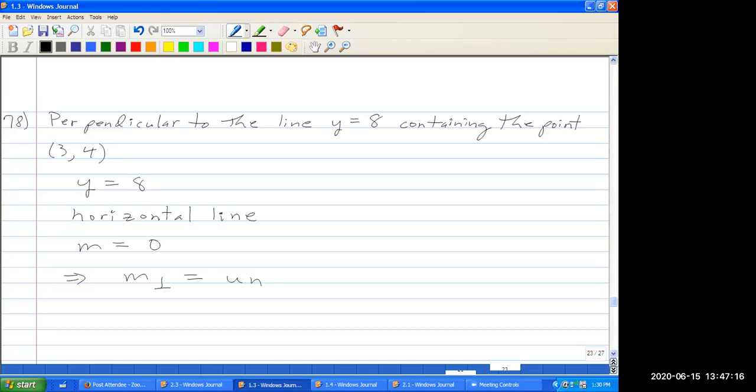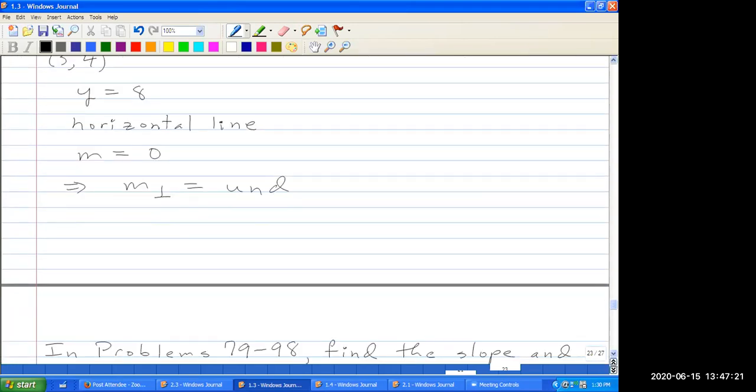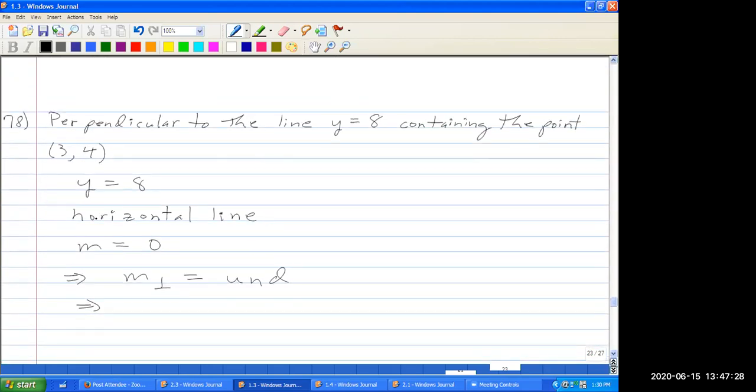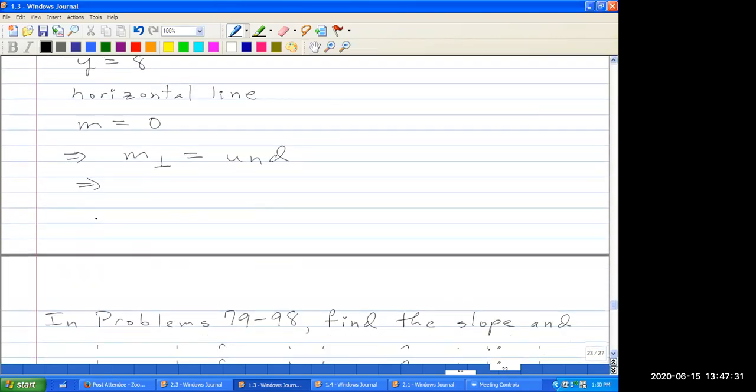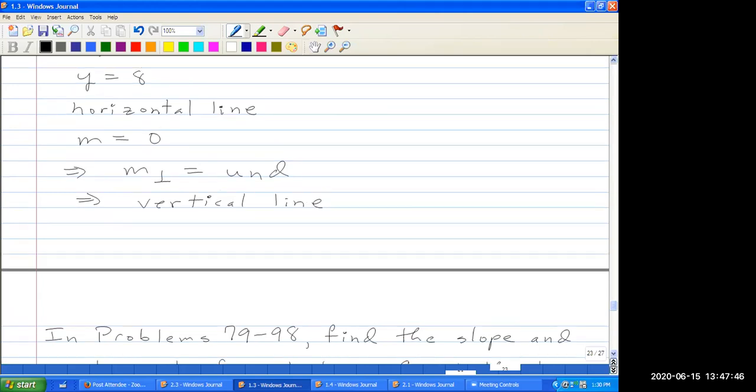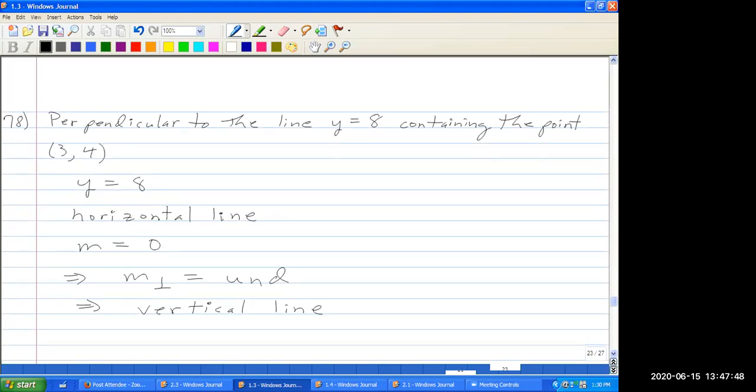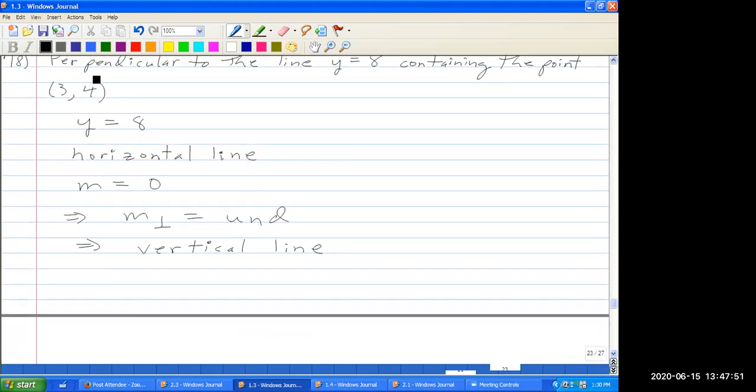It's infinity. So therefore, this is perpendicular, right? Therefore, this will be an undefined slope, so that's a vertical line. And so I want to find the equation of a vertical line through the point (3, 4).